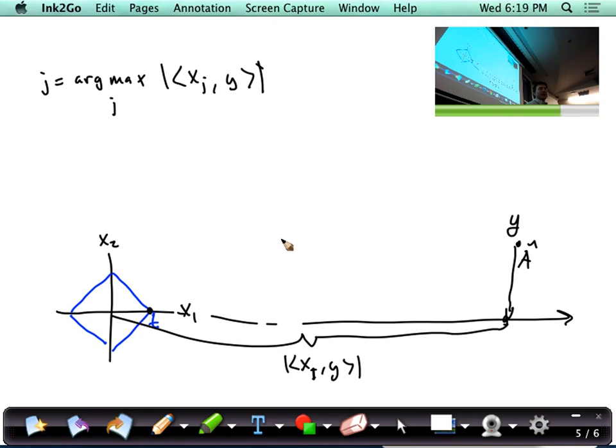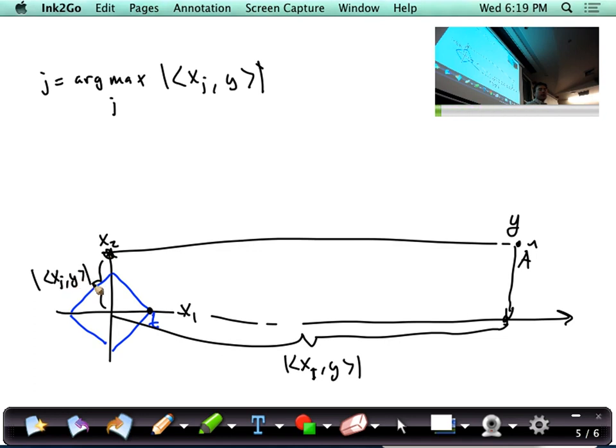And if I have x2, I've got another vector here. I can project onto it, and this length is the dot product of x2 and y. And so this one is much larger, so I picked j.